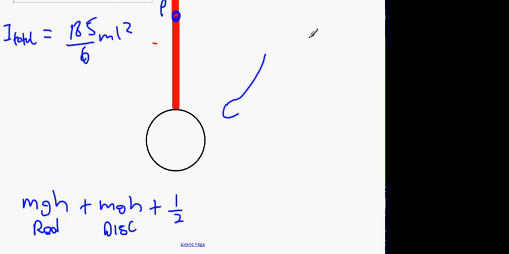Now remember, it's not kinetic energy because it's rotating. Usually kinetic energy is a half mv squared, but rotational energy is different. It's a half I omega squared. That's our rotational energy of the system at the start of the equation, right?